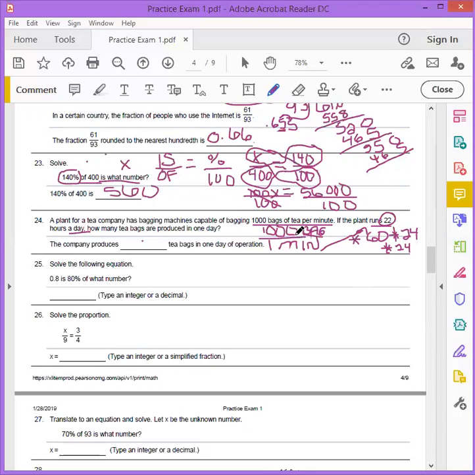All right, so we got 1,000 bags per minute. To convert from minutes to hours, we will multiply that 1,000 times 60.